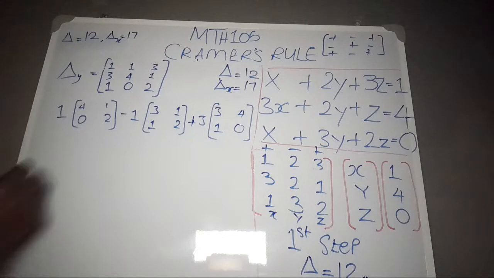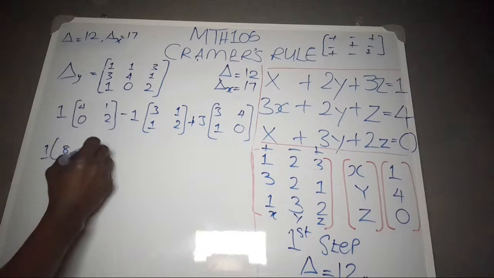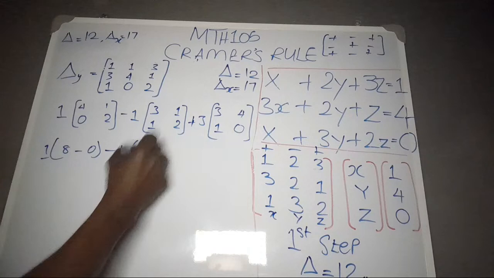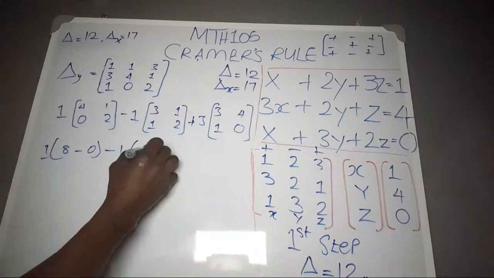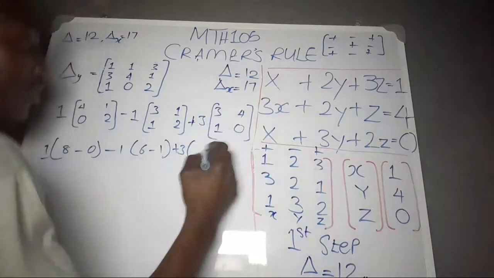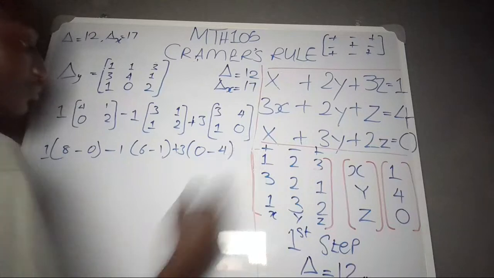So we'll do the multiplication. Then we should be having 4 times 2, 8, minus 0, minus 1. 3 times 2, 6. And we have 1 times 1, that's 1. Plus 3, we have 3 times 0, 0. We have 1 times 4, that's 4.